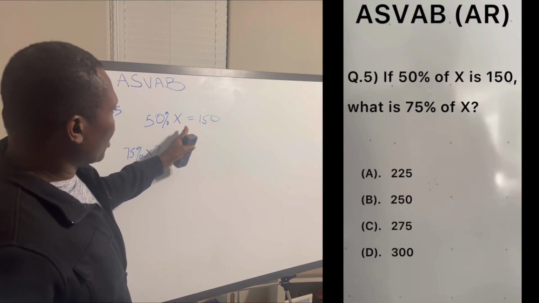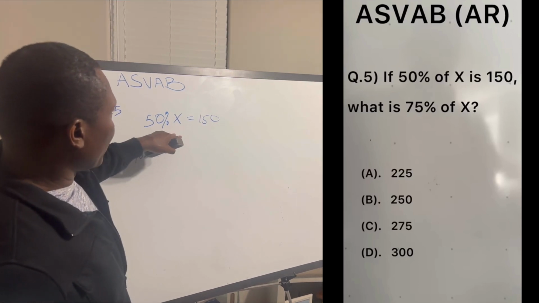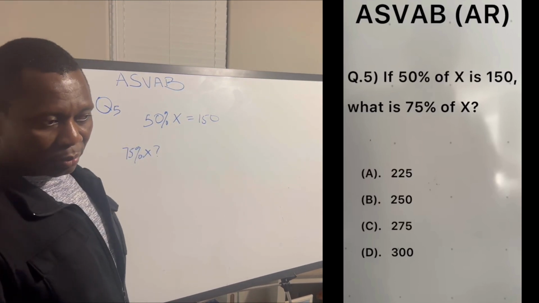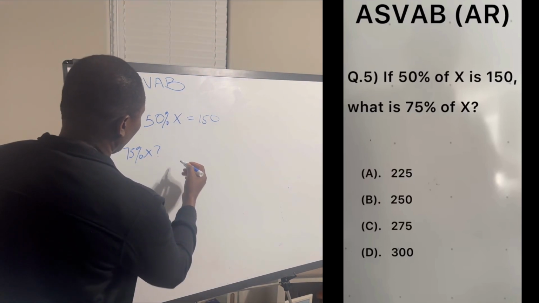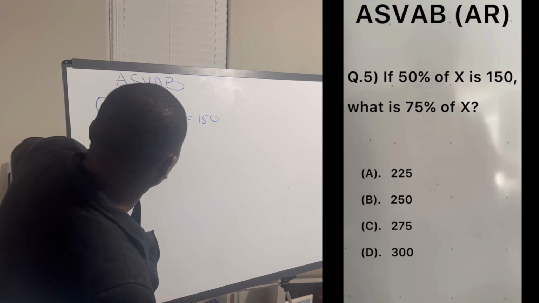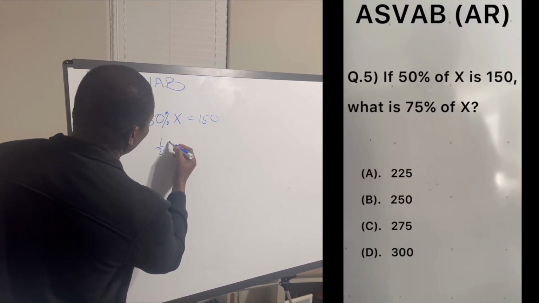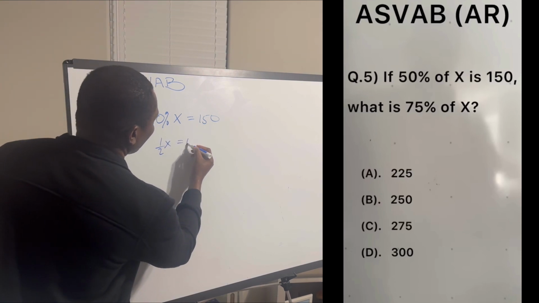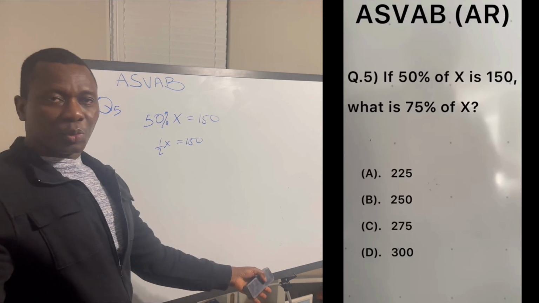50% of a number is 150. From our percentage, we know 50% is half of a number. So half of a number is 150. What's that number? 300. But how did we get to 300?